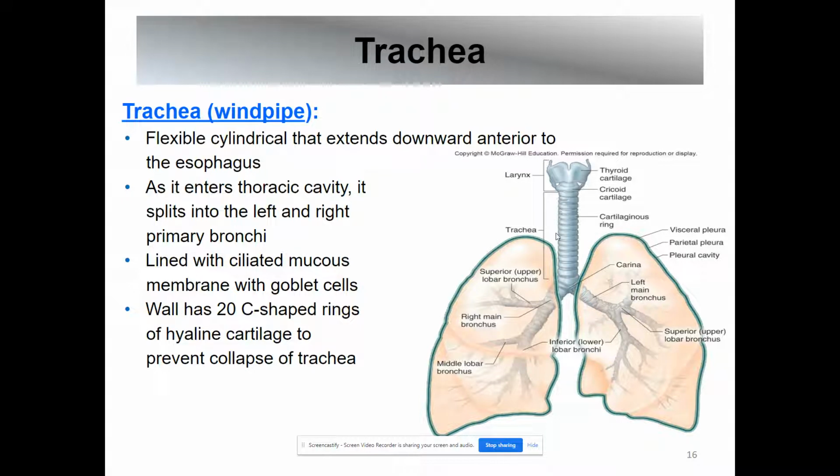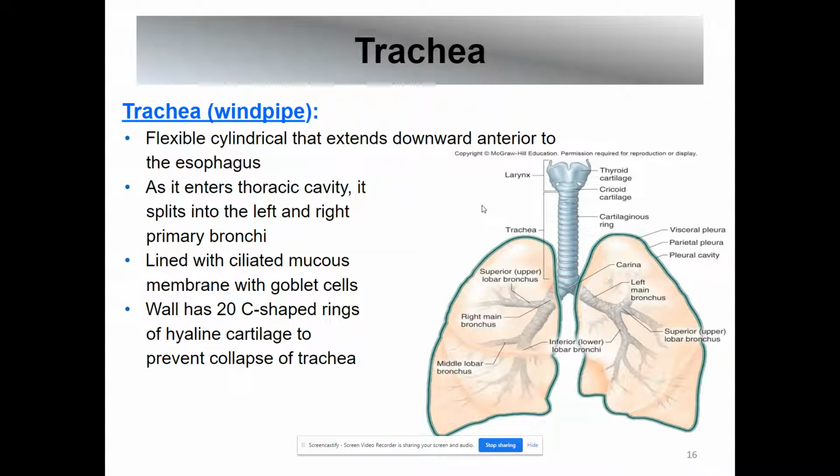The esophagus is a flexible tube. It needs to be flexible to allow food to pass down into the stomach. So these hard rings are at the front of the trachea, and in the back there's a space to allow for that to go right up to the esophagus.